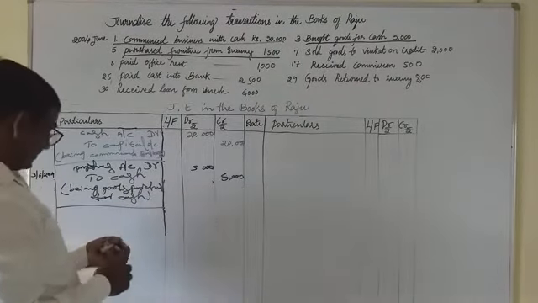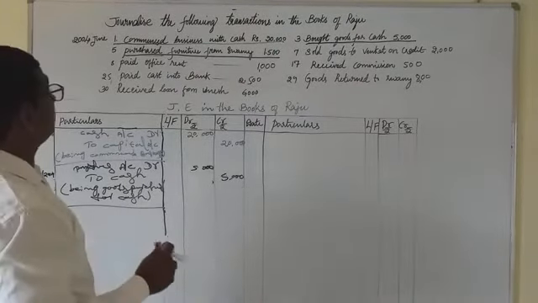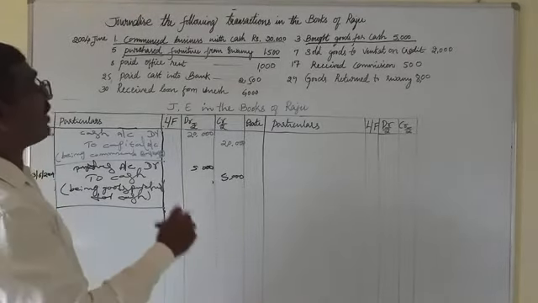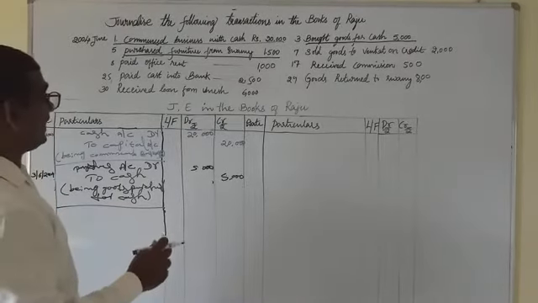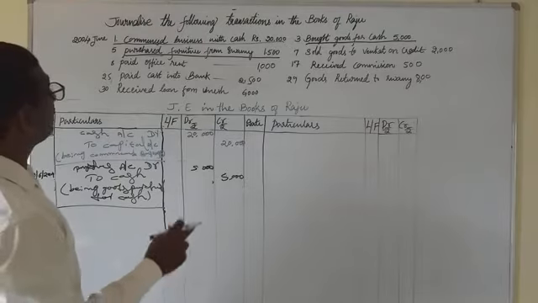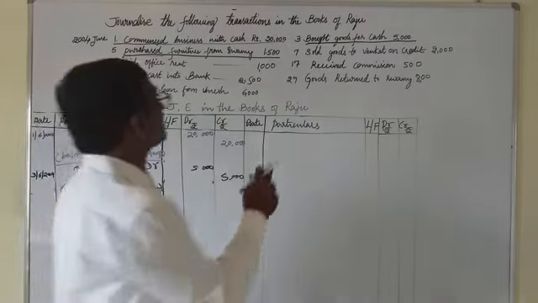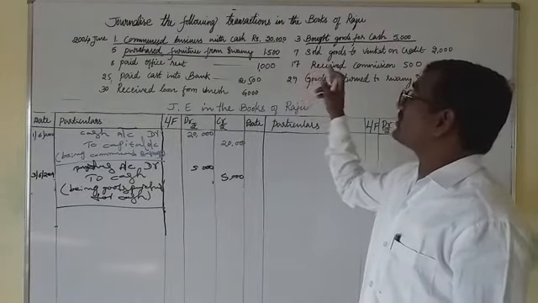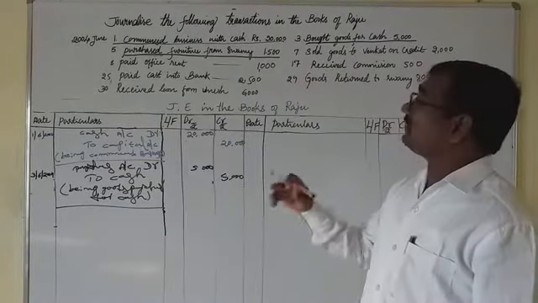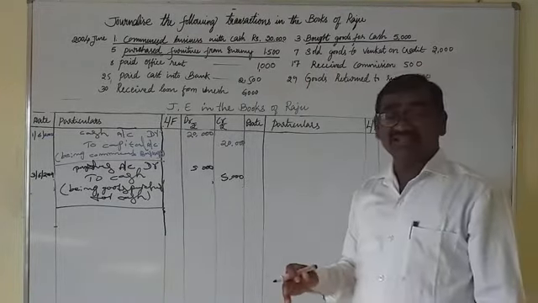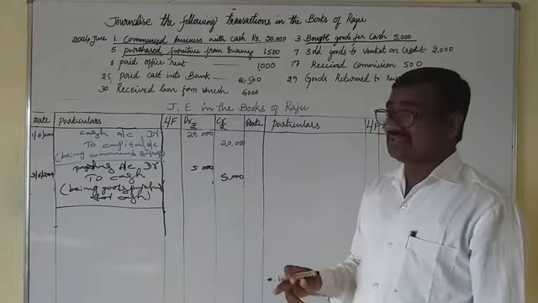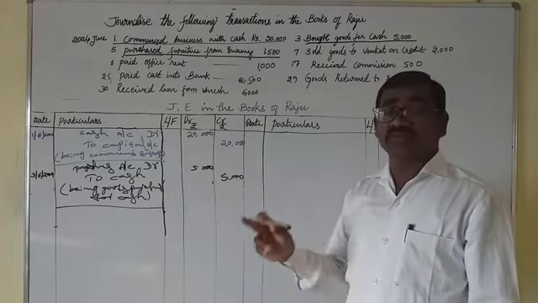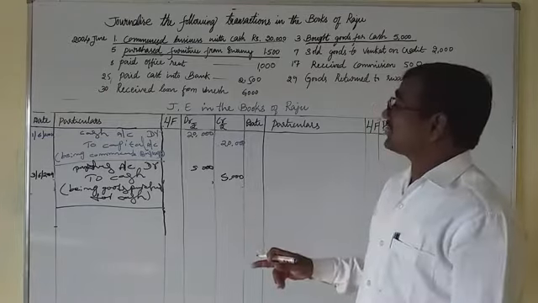June 5th, purchased furniture from Swami 1500. We are all aware that purchase is an expense according to nominal account rules: debit all expenses and losses.